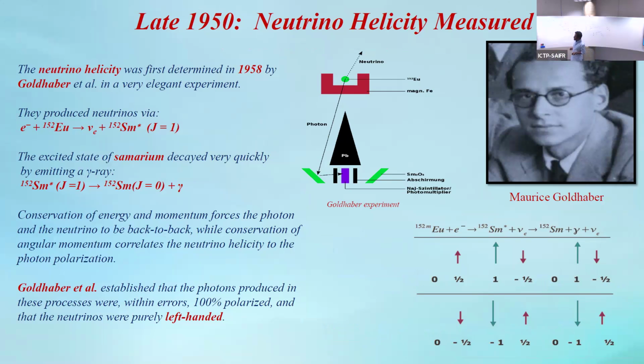But there was another interesting discovery in late 1950s, 1958, the famous Goldhaber experiment. This experiment was trying to determine the neutrino polarization, whether the neutrino is left-handed or right-handed. In the Goldhaber experiment, they used electron capture with europium, which gives an excited samarium that decays and emits a photon. From conservation of angular momentum, you can correlate the neutrino helicity to the photon polarization.